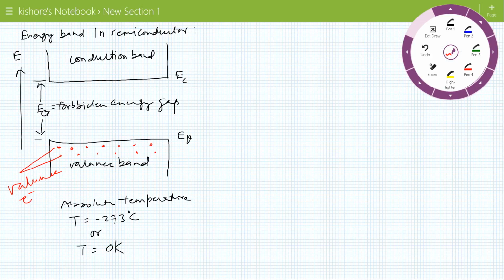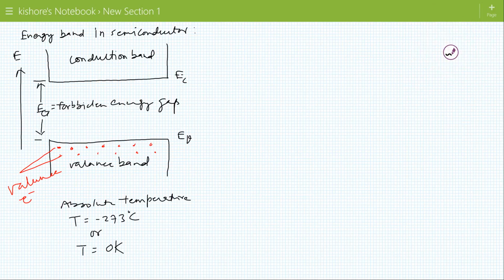Now we have the expression for forbidden energy gap.